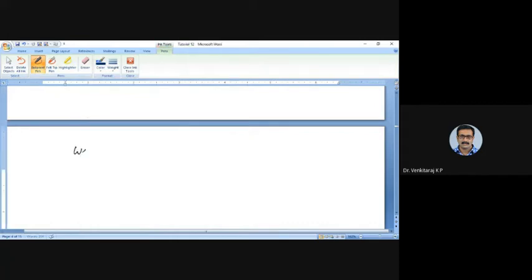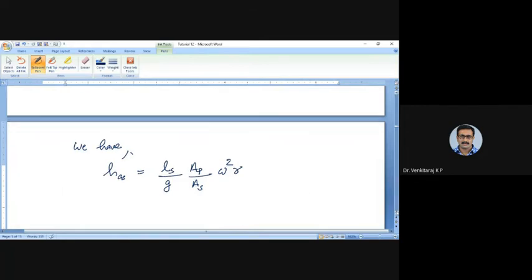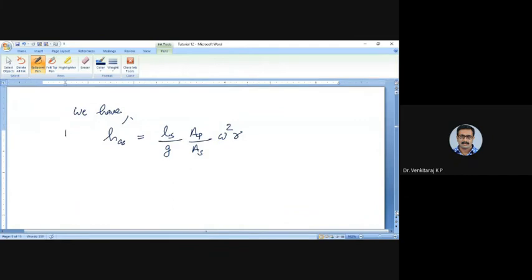We have HAS equal to LS by G into AP by AS into omega square R. Let us find this HAS value.